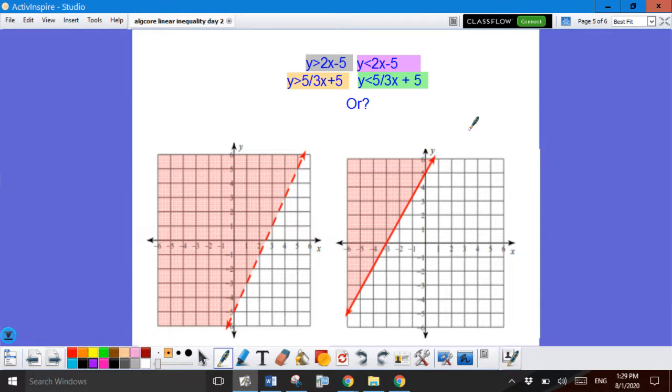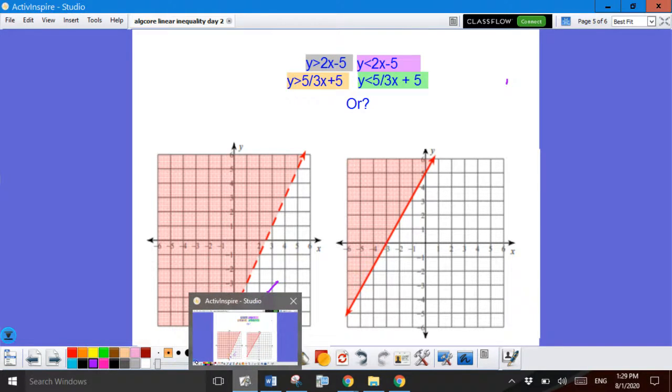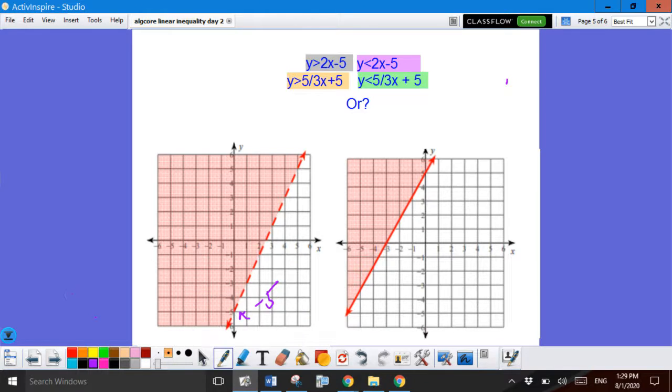So in this case, I see that this is -5. So I know it has to be either the gray, I know it has to be either this one or this one. Now I can find my slope pretty easily because I see that there's a point here. So there's a 2 and a 1.